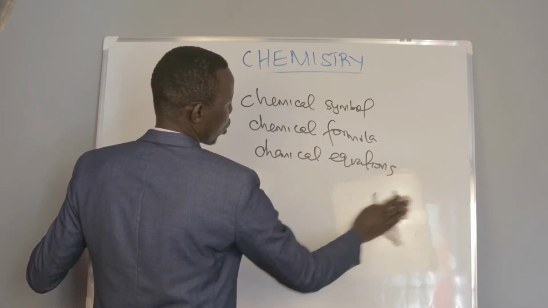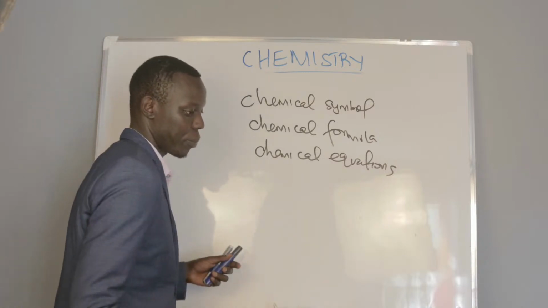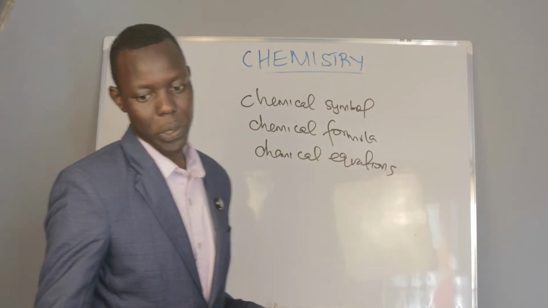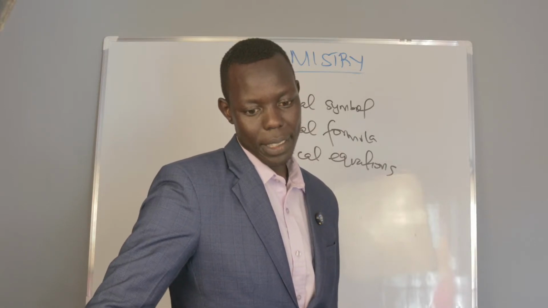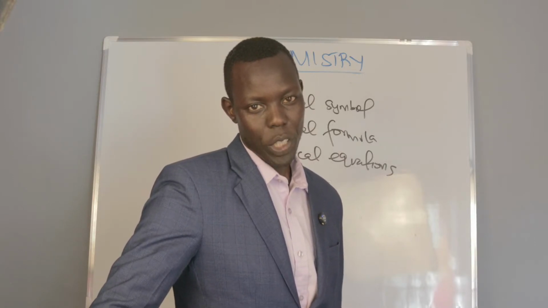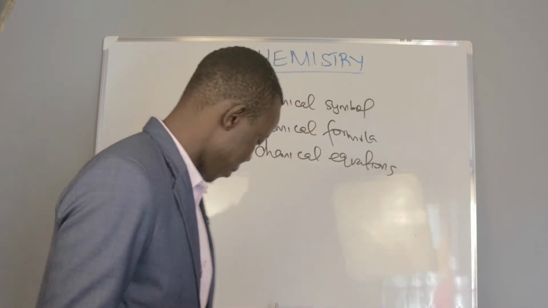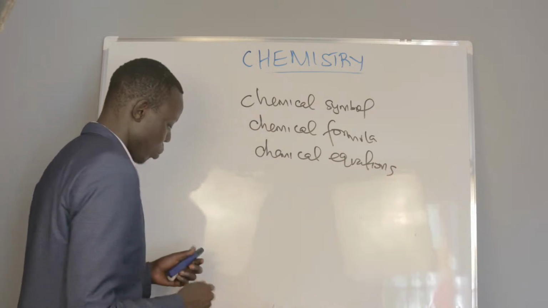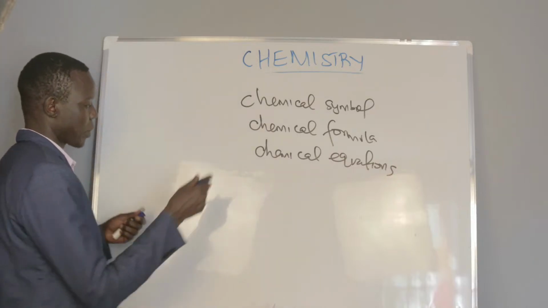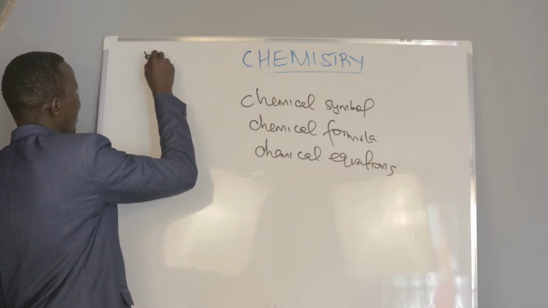There is this part called ion formation. By the way, I realized that there are some terms we need to define. Everyone, pick yours randomly, then define the following terms. Define valency.